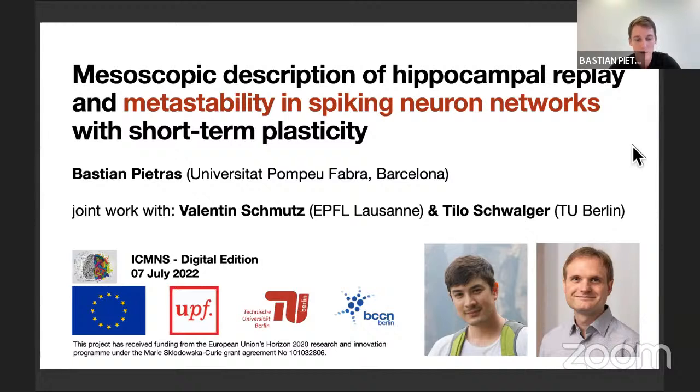This can be either via spike frequency adaptation, mediated by calcium-activated potassium currents, or via short-term synaptic plasticity. It's sort of indicating how many neurotransmitters can be released after an action potential. And the other key factor are basically fluctuations, and here I will focus on finite size fluctuations.